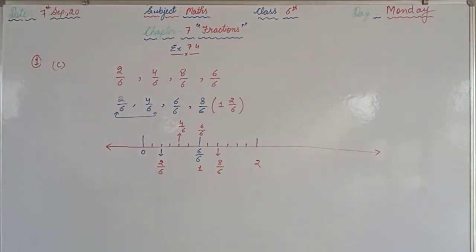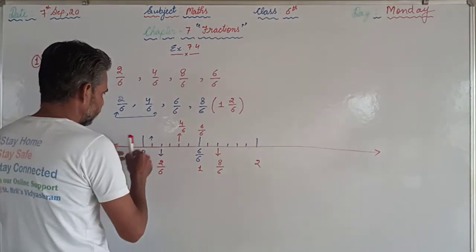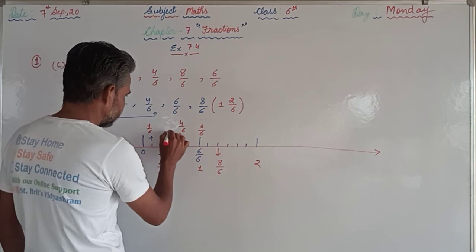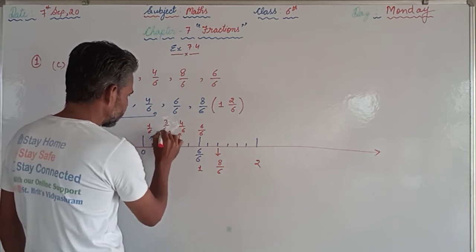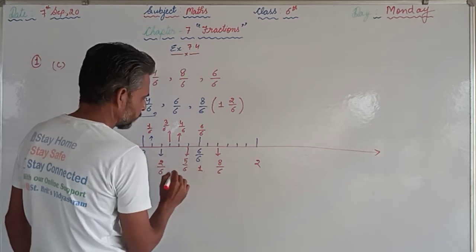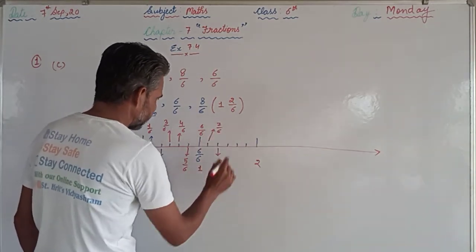So here 5 upon 6 and 2 upon 6. So we should represent all. This is 1 upon 6, 2 upon 6, this is 3 upon 6, 4 upon 6, this is 5 upon 6, this is 7 upon 6.